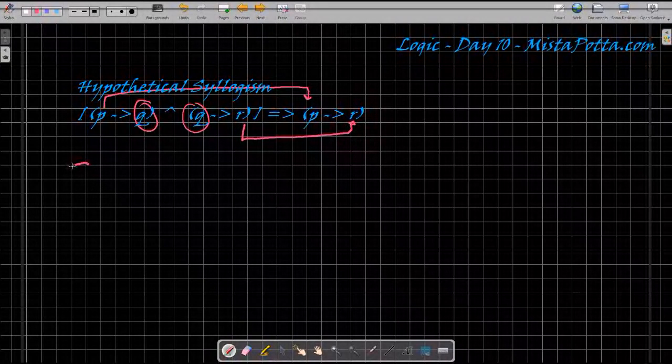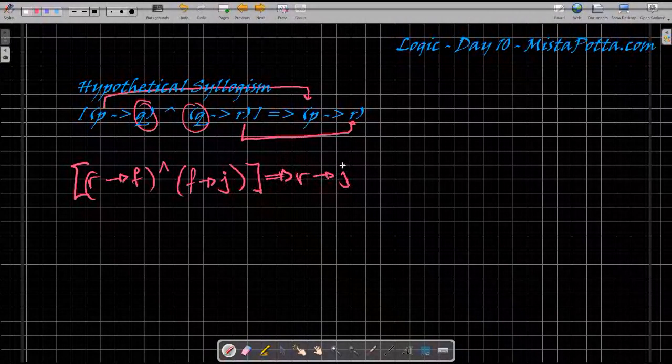So I can have something like R conditional F and F conditional J. And this would have to imply R conditional J. Notice that my innermost letters match: the antecedent of my second conditional matches the consequent of the first conditional.